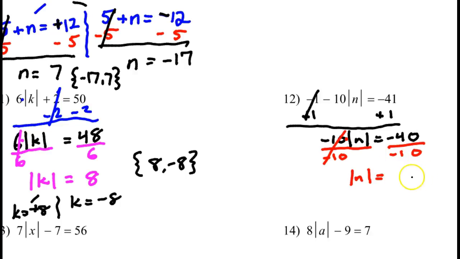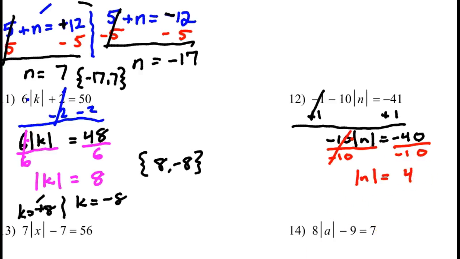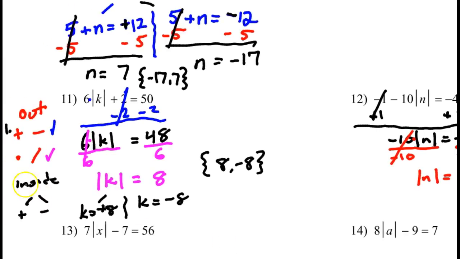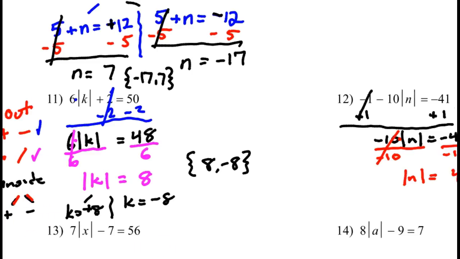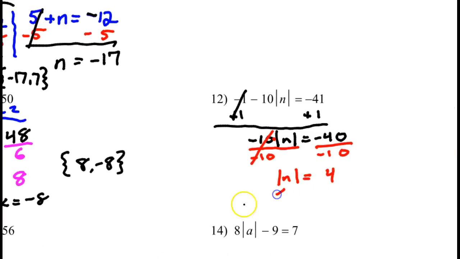Negative divided by negative is positive. Again, our steps. Since we have nothing on the outside anymore, now we go to the inside and break it up into two parts, one positive, one negative. So n equals positive 4, and n equals negative 4. Works really nice. Follow those steps exactly.